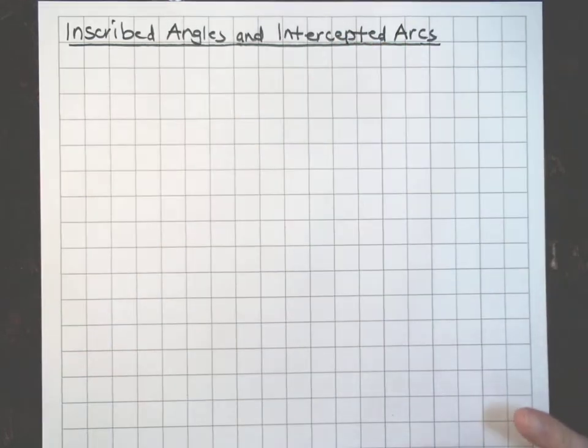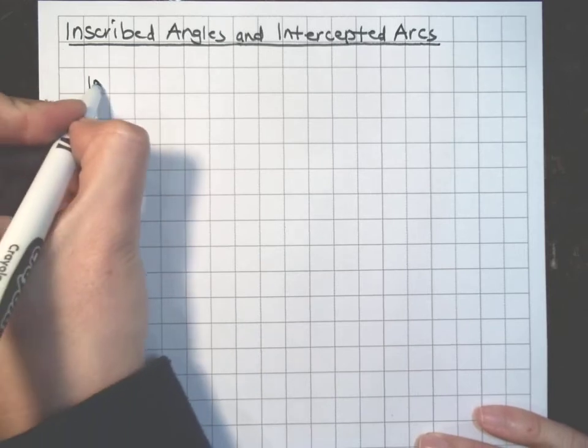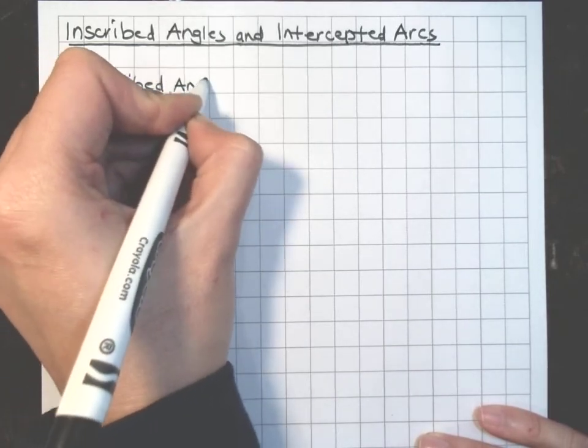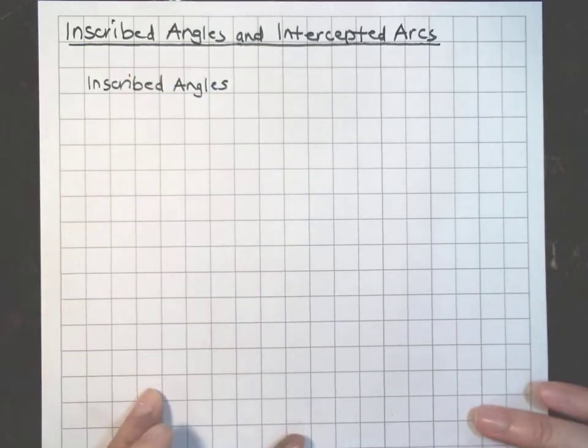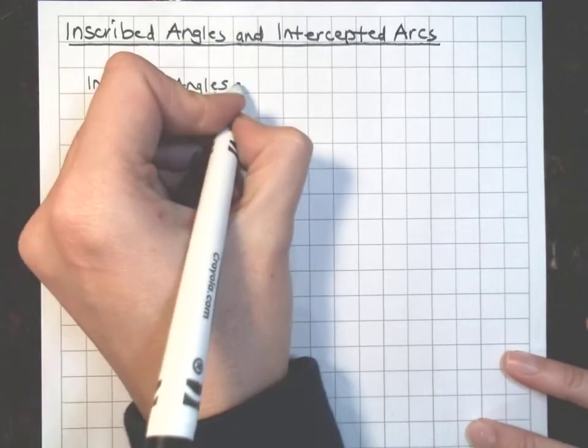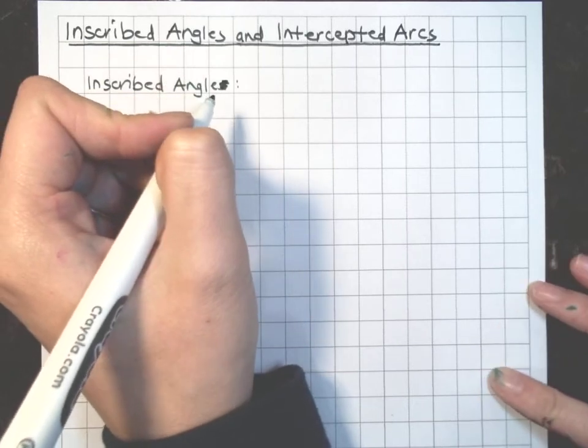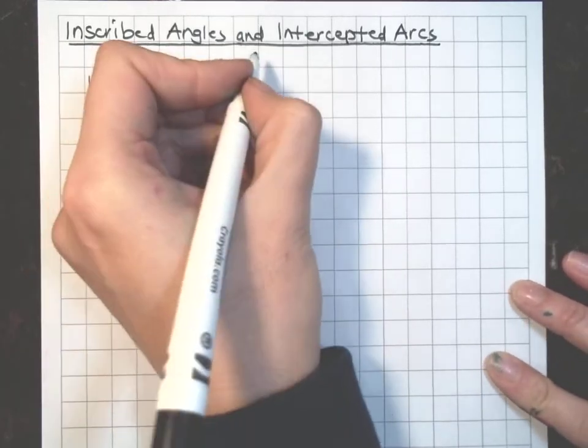So let's go over some definitions. First, we'll start with inscribed angles. So an inscribed angle is an angle inside the circle whose vertex lies on the circle.